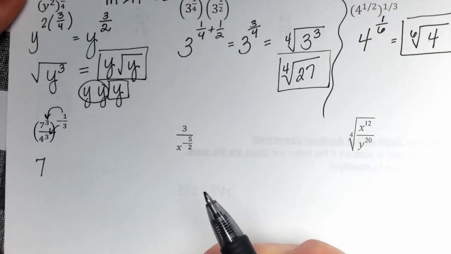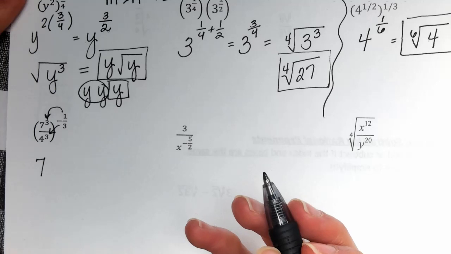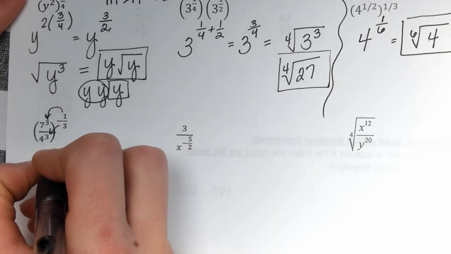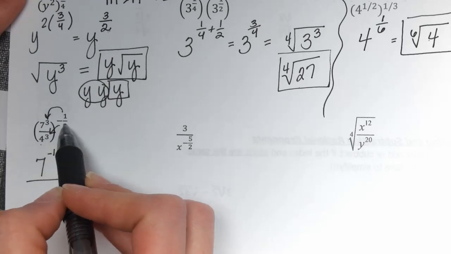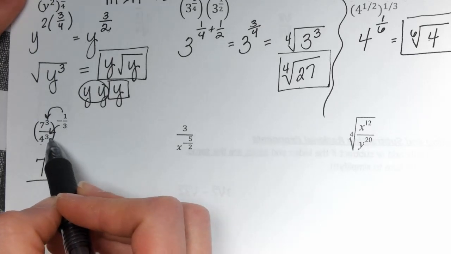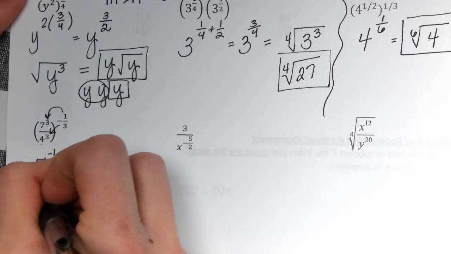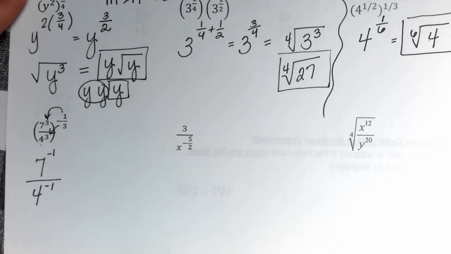So I'm going to multiply 3 times negative 1/3, which just gives me negative 1. And then 4 to the 3rd raised to the negative 1/3 is the same thing. 3 times negative 1/3 is just going to give me another negative 1. Well, I have negative exponents. What do I need to do with those?